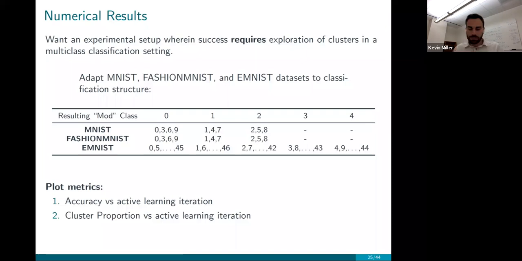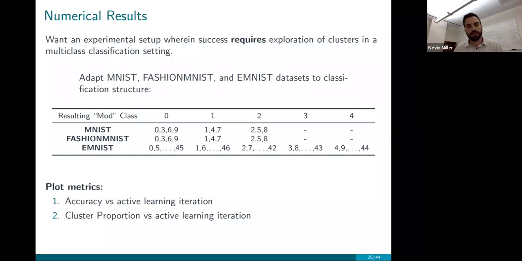So we interpreted the ground truth classes as clusters in an auxiliary classification problem, where you take, for example, with MNIST, the digit mod 3 and assign that new value to be the new class of that cluster. So digits 0, 3, 6, and 9 would belong to class 0, 1, 4, 7 to class 1, and 2, 5, 8 to class 2. So then what we can do is see if I start with one initially labeled point per class, I'm only starting with a subset of the clusters having been labeled.